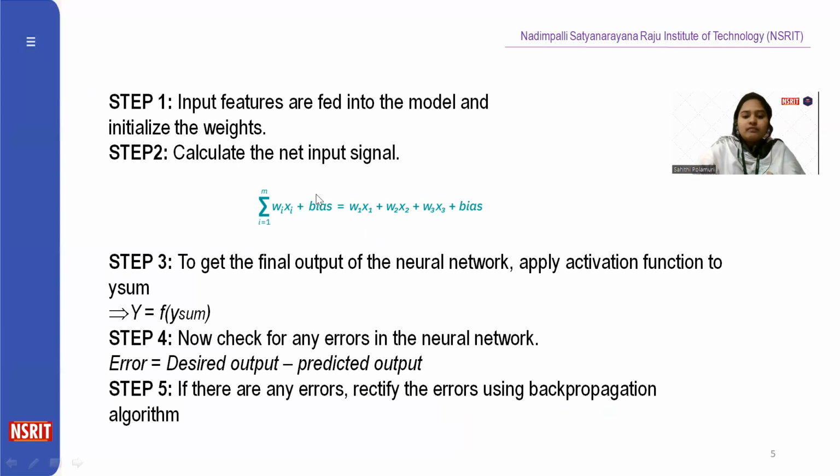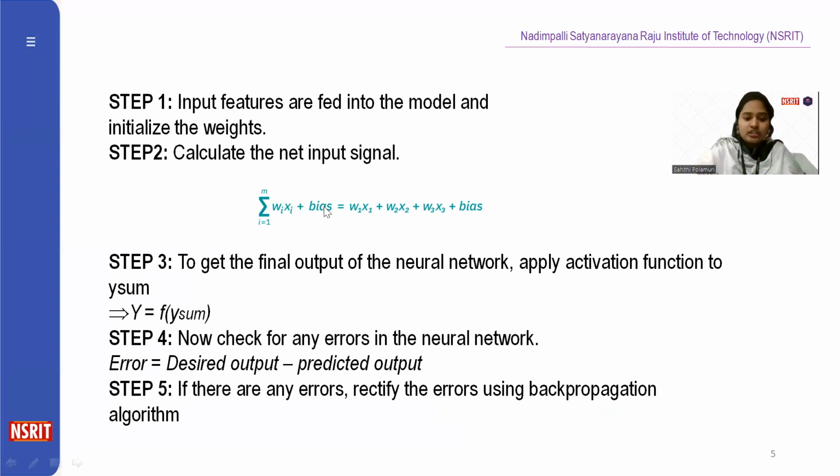If you are using a bias, it is just an additional parameter besides the weights that we use. Generally the bias value will be equal to 1. If you are using bias, this is just to adjust your output.